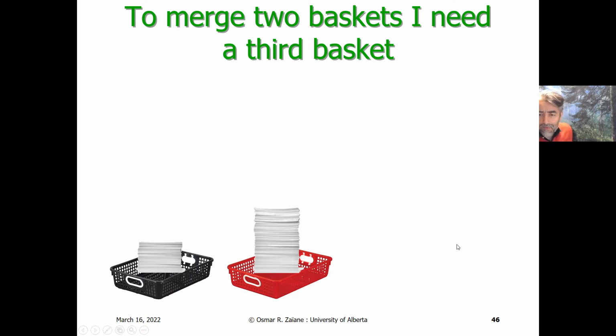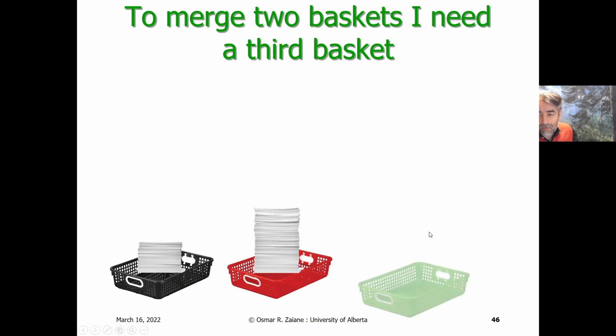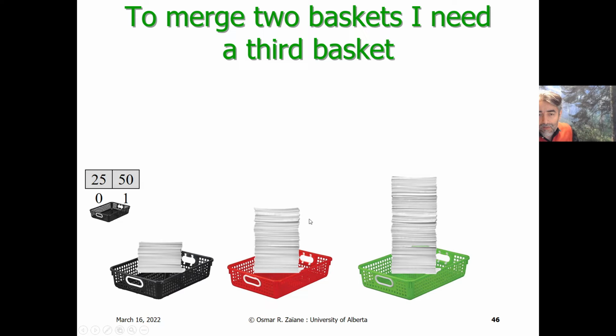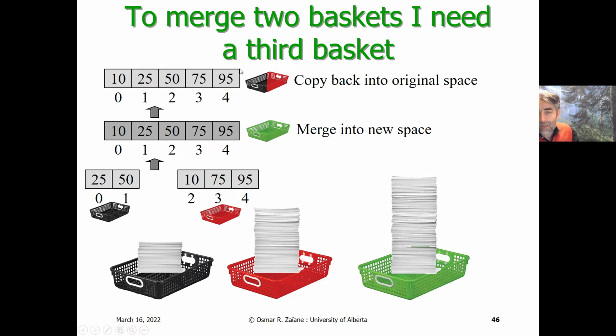So if I go back to this example here and explain it with the baskets, basically in the first black basket I had the 25 and the 50, and the red basket I had the 10, 75, 95. When I merge them, I end up in the green basket. And then from the green basket, I have to copy it back to the original space.